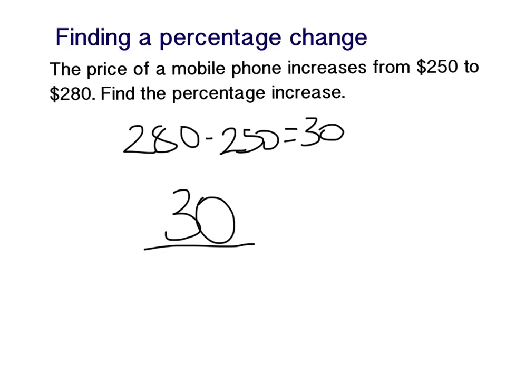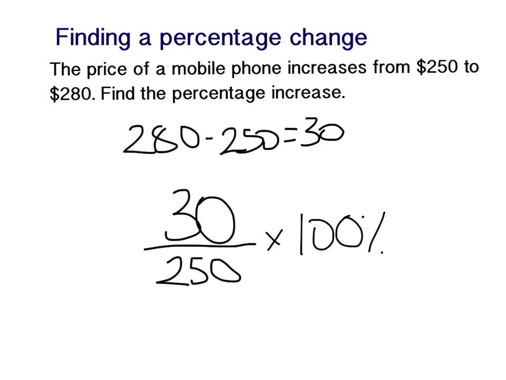That's my change over my original amount. My original amount was $250. So 30 over 250 times 100% will come out with a 12% increase.